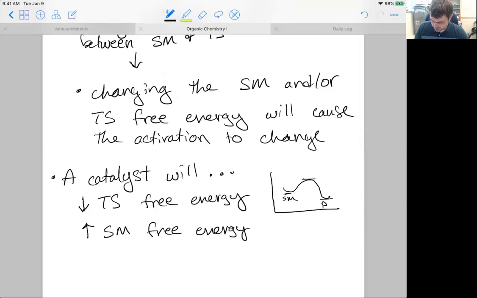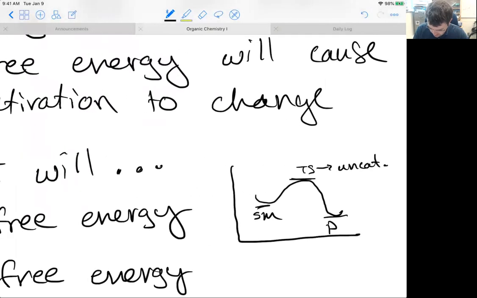What I'm saying is that if this is the transition state uncatalyzed, without a catalyst, what we could do is introduce a catalyst, and that would decrease the energy of the transition state. So now our new reaction has an energy that looks like this.